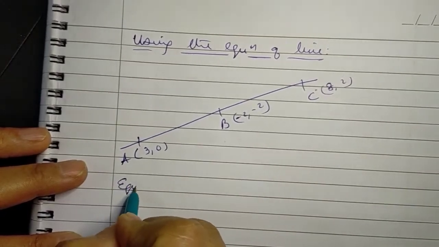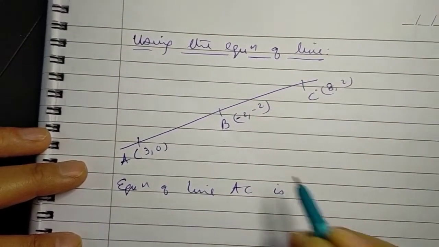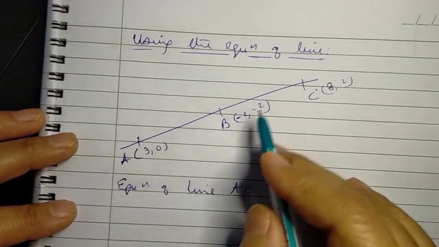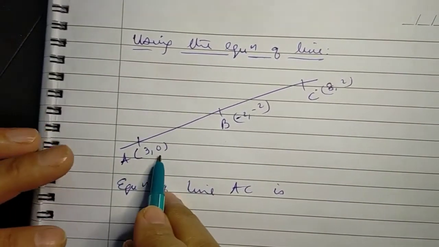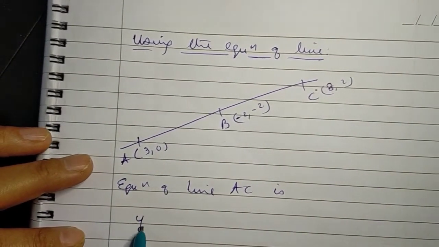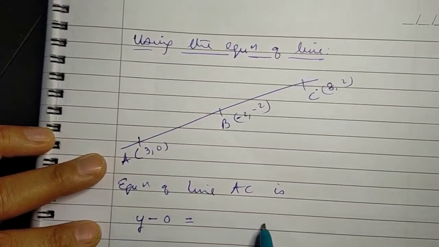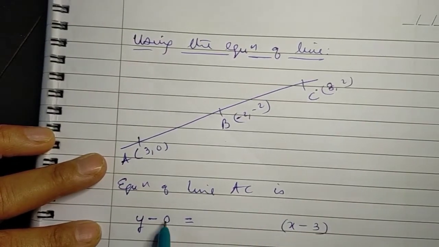So the equation of line AC is, now let's take up these 2 points. We have to find the slope, and let's take the point as point A. So what will it be? y minus the coordinate of A, which is 0, is equal to slope times (x minus 3).